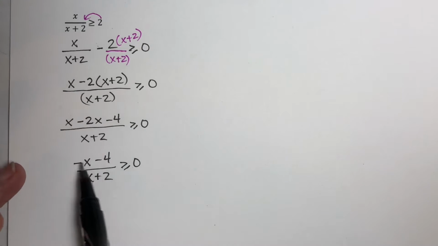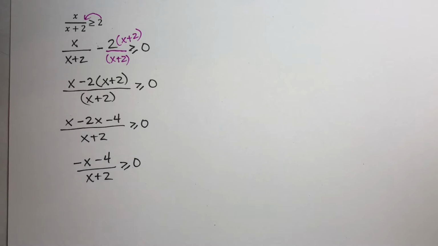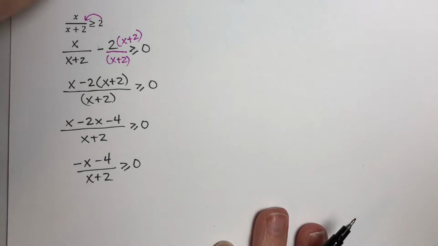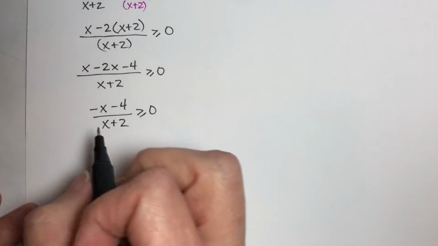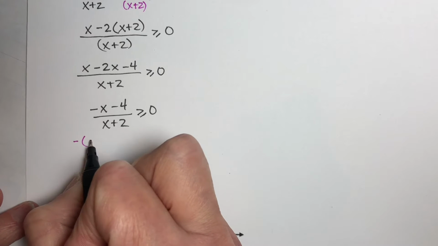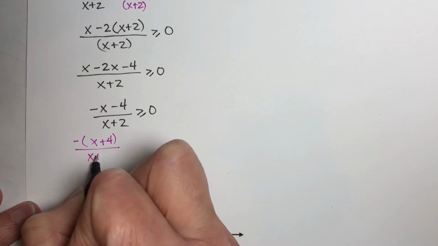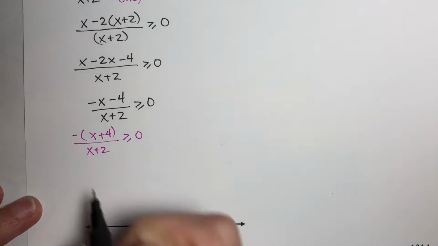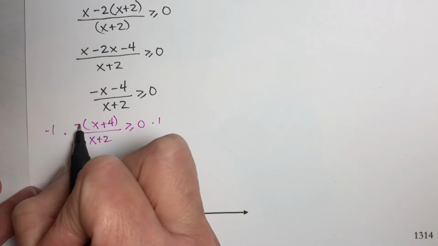A lot of people don't like this double negative in here, and I'm going to show you that you can do something about it, but I'm not going to use this. I would be allowed to, this is optional right here. It would change the rest of the way the problem works too. If I factor a negative out of that top, and then multiply both sides by negative 1, that negative 1 would cancel that.